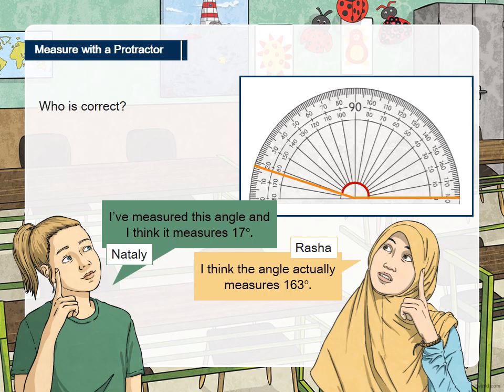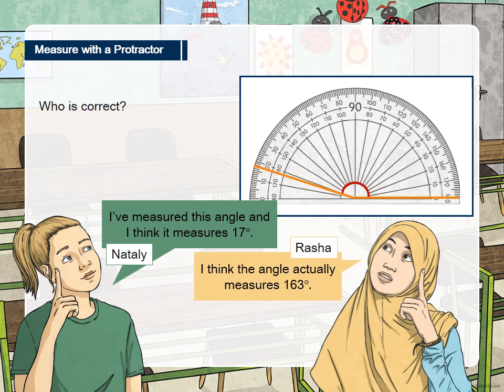Here we have a question. You can see the angle and the protractor and two girls, Natalie and Rasha. Both of them try to measure this angle, and Natalie finds that the measurement is 17 degrees, and Rasha finds it's 163 degrees.